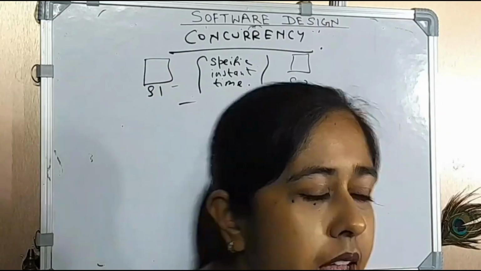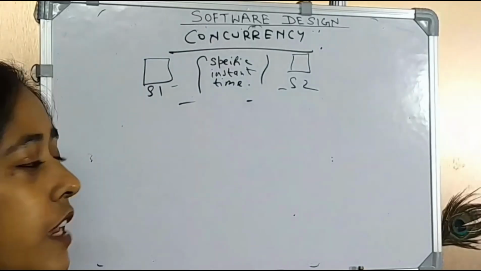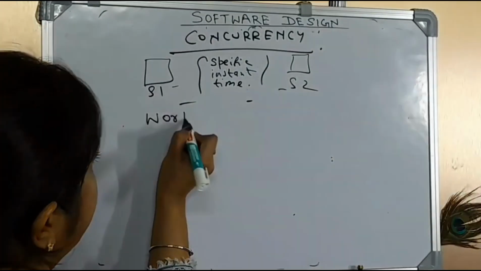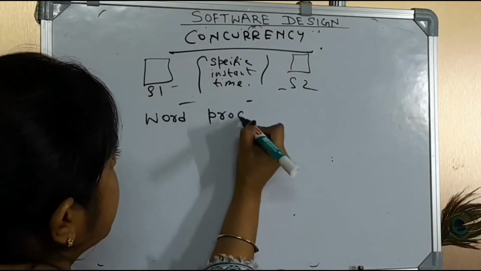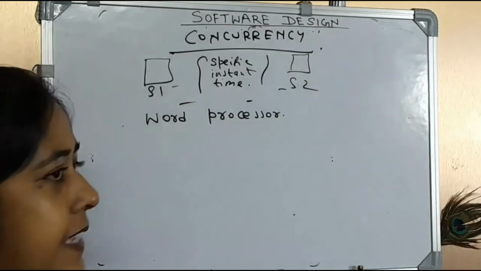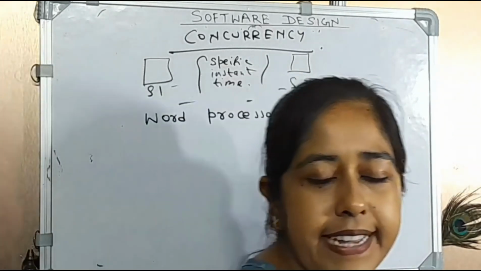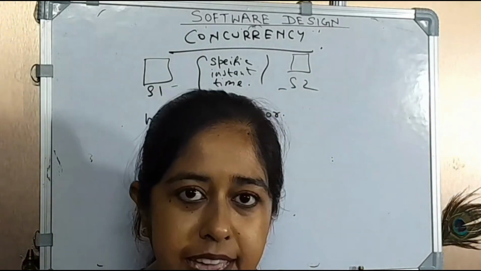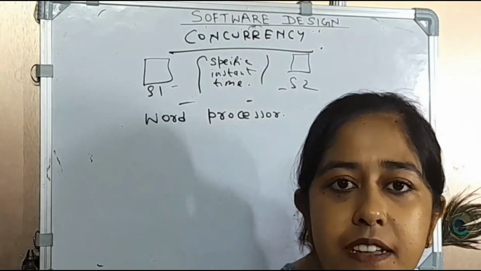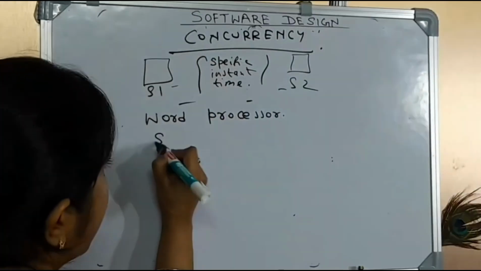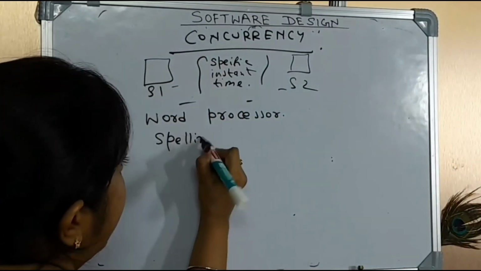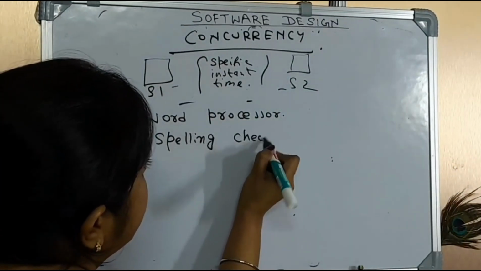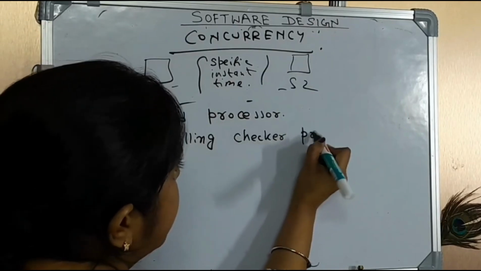Let's take an example. Suppose you are working with a simple word processor. What happens there? Whenever you are writing any word, if you write an incorrect spelling, there is a spelling checker, right? That is your spelling checker processor.